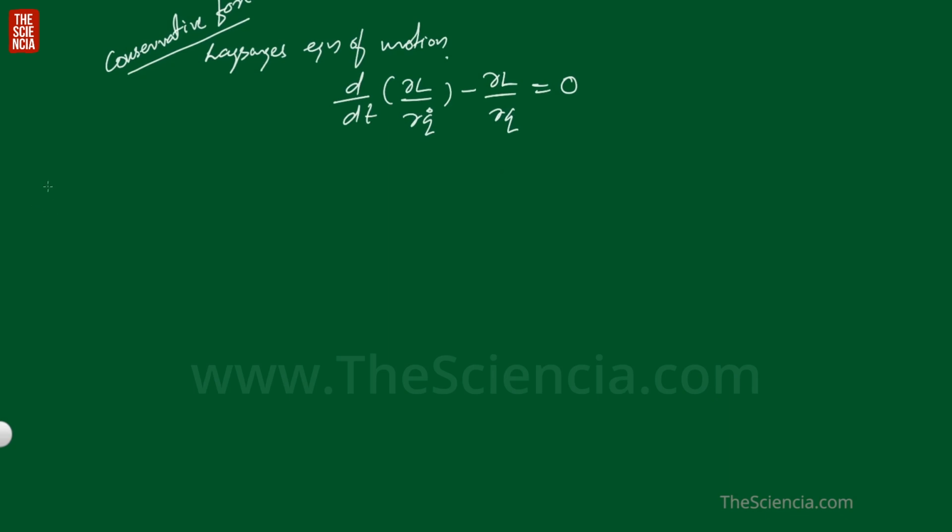Here I am considering an example and taking the Lagrangian in Cartesian coordinate system, that is half m (x dot square plus y dot square plus z dot square) minus V of x. Here my potential is a function of x.